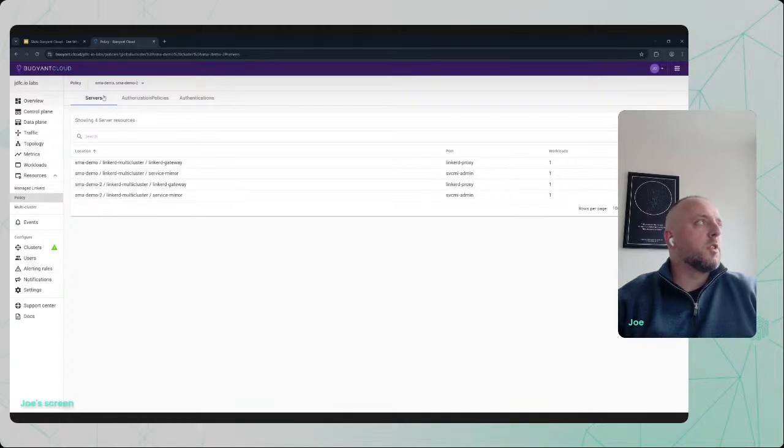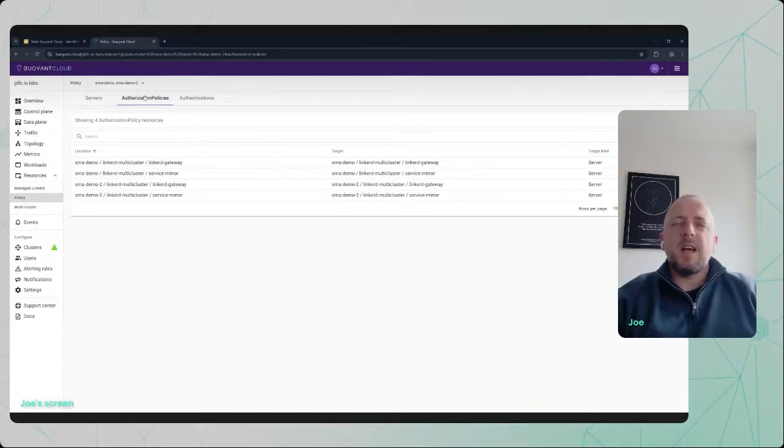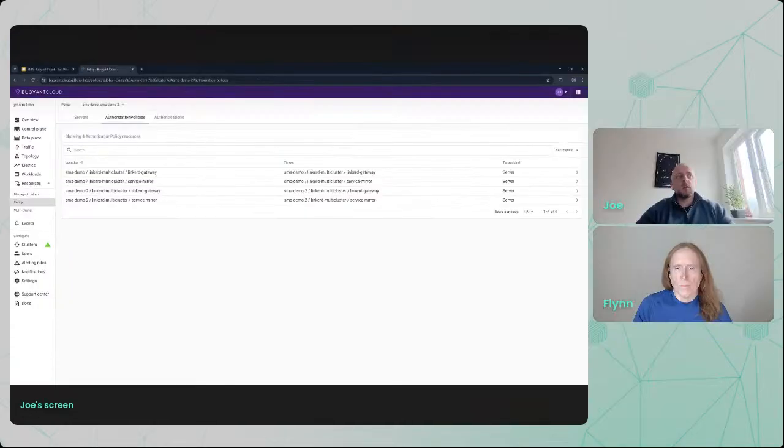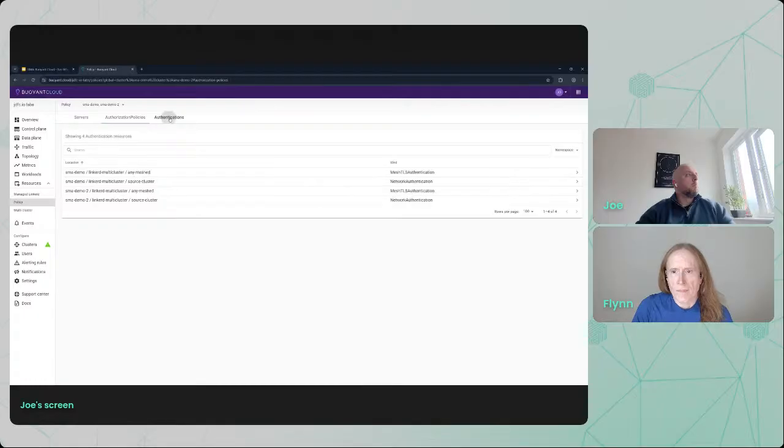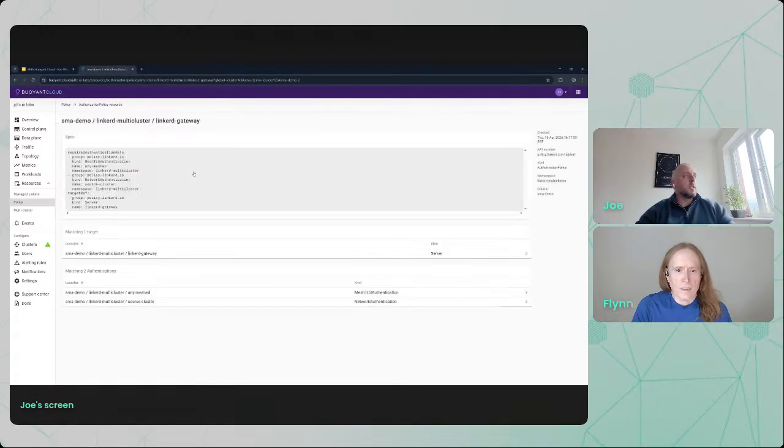policies and those servers. So we've got servers at the minute. We've got the multi-cluster server objects, the same things for both clusters. Auth policies, I've not actually got any custom auth policies set up, but you can see information on that. You can click into one of these and see what it actually looks like.